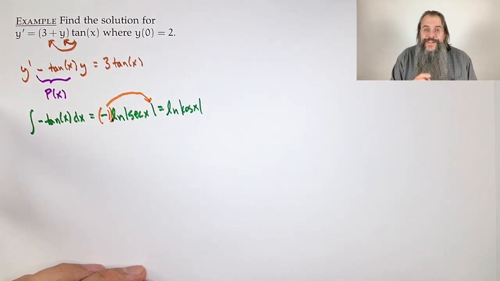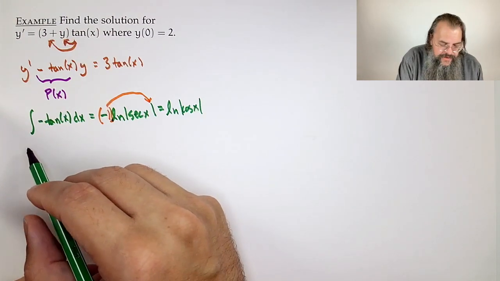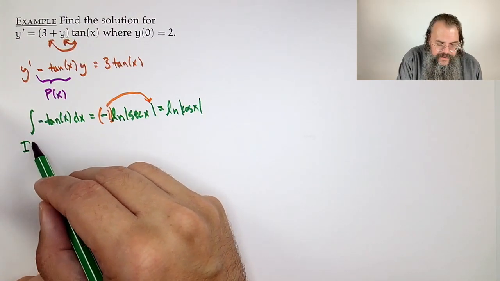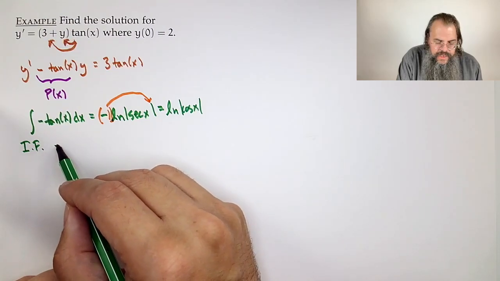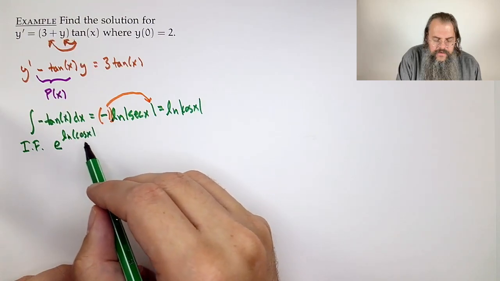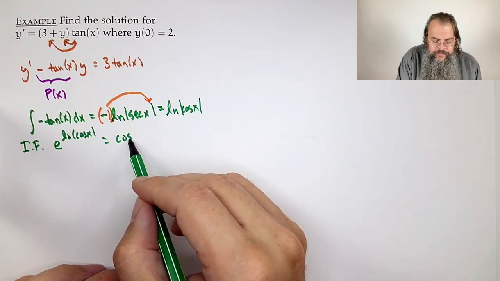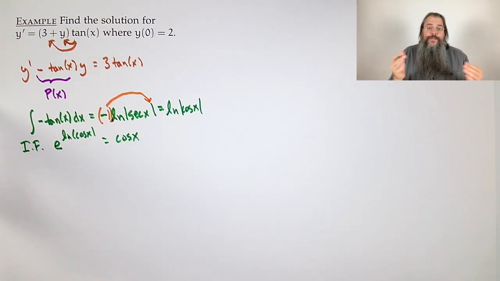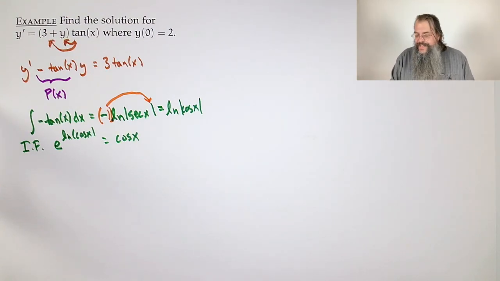All right, good. So that means our integrating factor is going to be e to the log of cosine, which is cosine. So we want to multiply both sides by cosine.